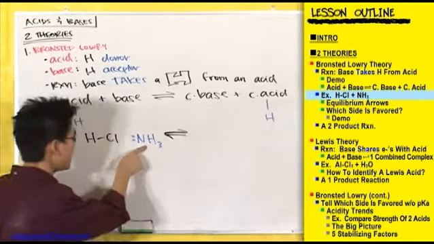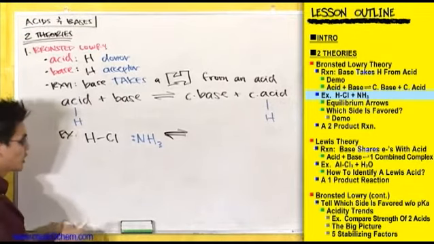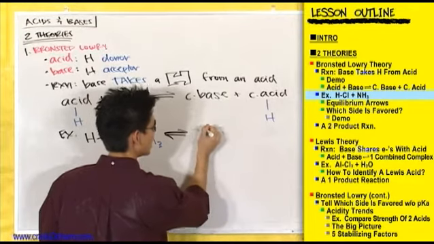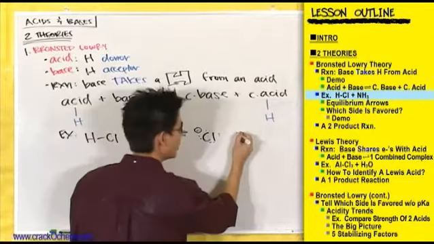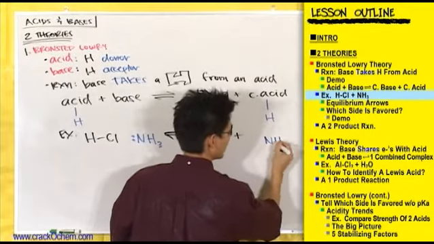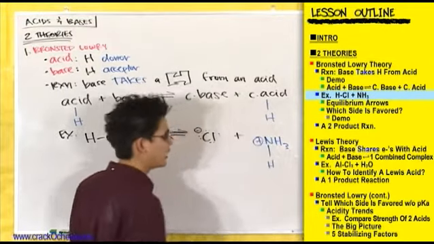So NH3 is going to grab this hydrogen, kick the electrons to chlorine, turning this HCl into Cl-, and this NH3 is going to pick up this hydrogen and get turned into NH4+.